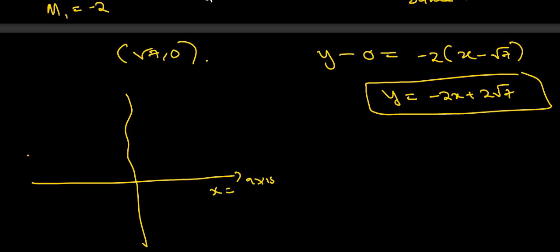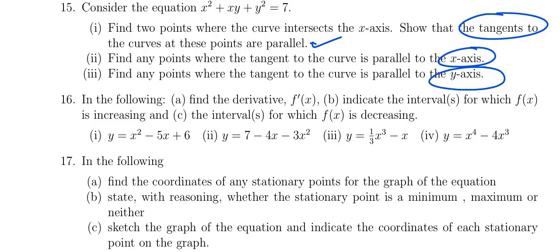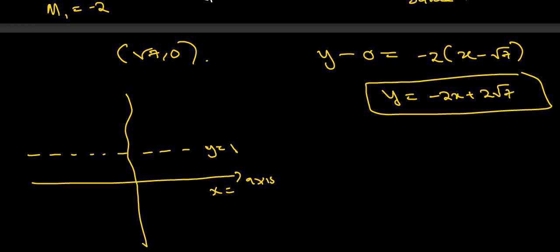Let's say there's a line parallel to that, let's say y is equal to 1, for instance. So if y is equal to this, we're going to equate where there's y, we put 1, because they want the equation, right? They're saying find any points where this is parallel to this. So we just take this and equate 1 to be equal to negative 2x plus 2 root 7.